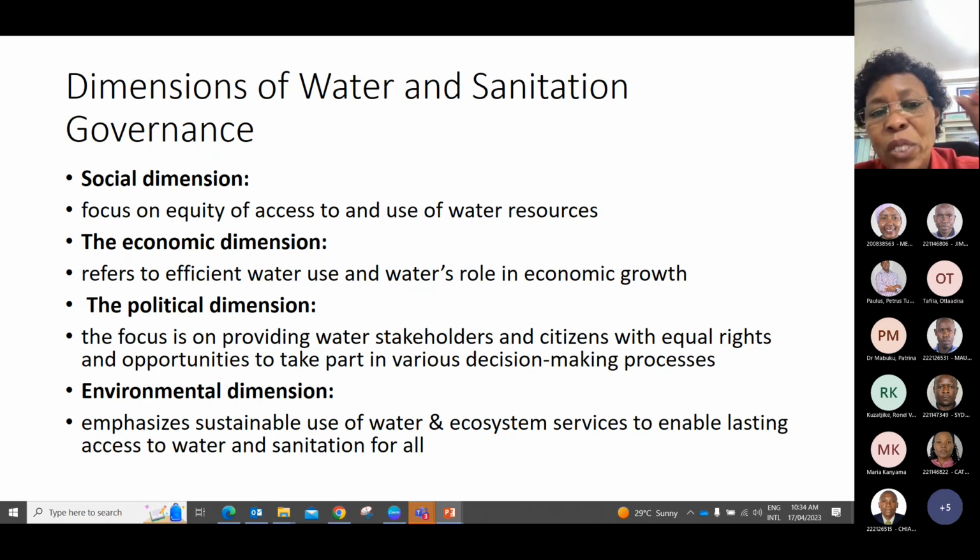The political dimension of water and sanitation governance strives to ensure meaningful stakeholder participation, where stakeholders are involved and given rights, and not just rights, because if you give one right without availing them an opportunity, then you have not meaningfully involved the stakeholders. So you give them equal rights and opportunities. And when we say equal rights, we mean equal rights.